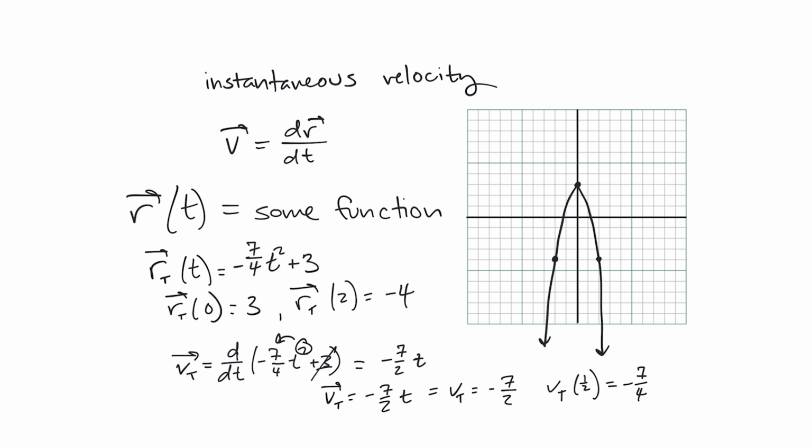So you can see that the instantaneous velocity is going to end up being quite a bit different than the average velocity. But the main takeaway here is that our new definition of velocity, because most of the time you're going to want instantaneous, is that velocity is the time derivative of the position function. And those are both going to be functions of time.